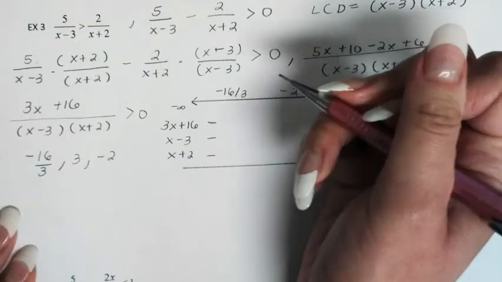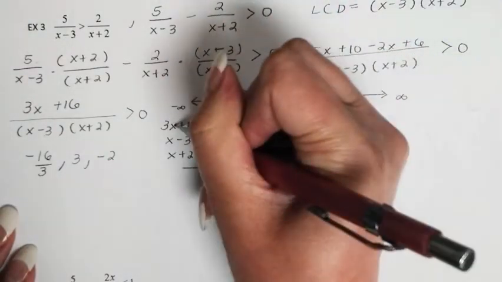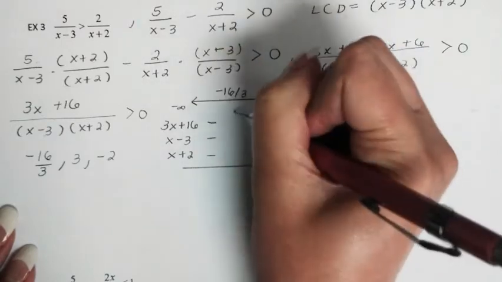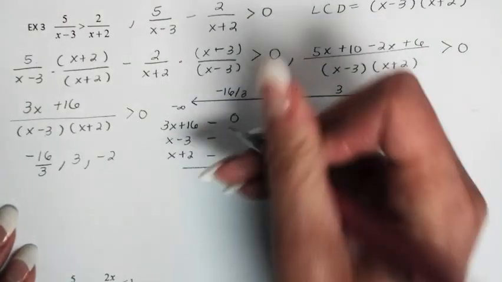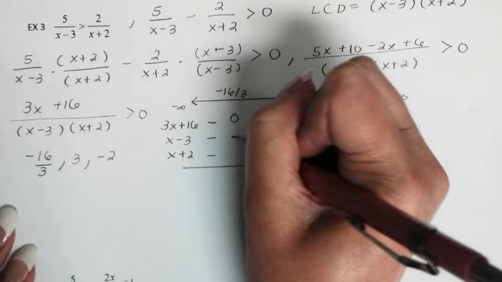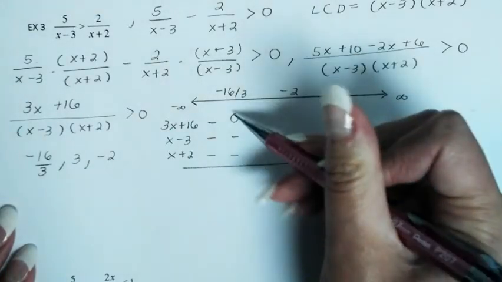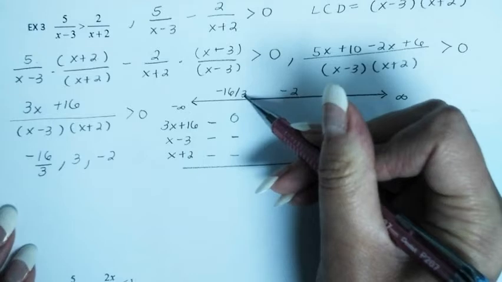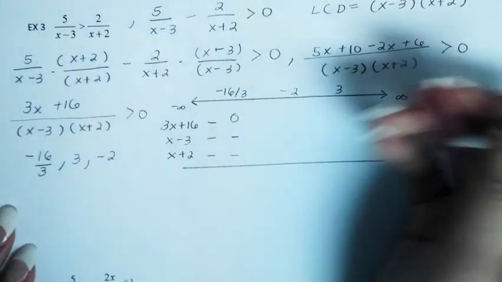After that, you plug in the negative 16 over 3. That makes your first factor 0, then this one will be negative, and this one negative as well. Then select a number between negative 16 over 3 and negative 2. I would select negative 3.